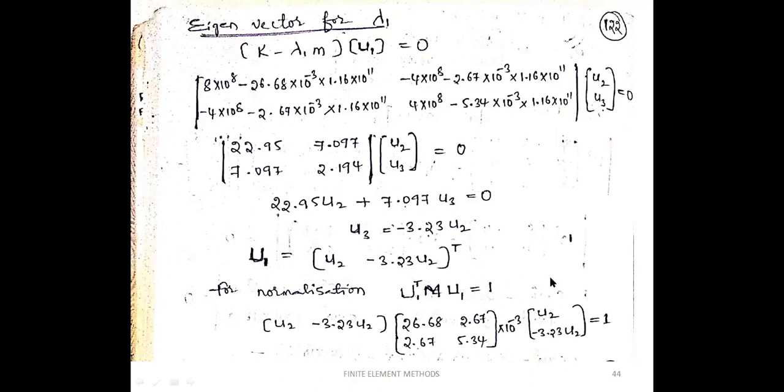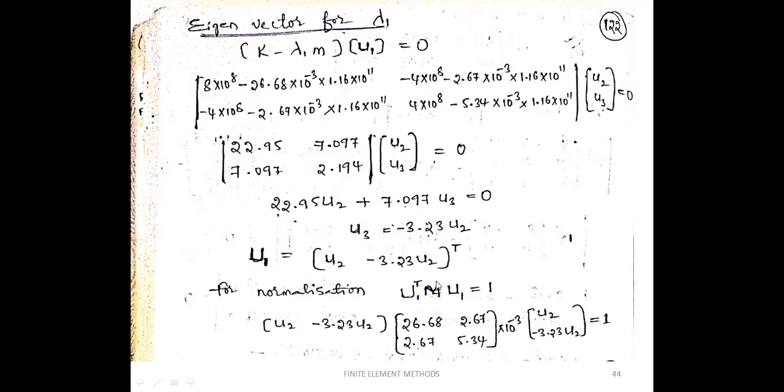From this it is possible to find out the value of u2, or you can directly find out u2 and u3 from this one, or otherwise you can use the normalization process. u transpose into m into u must be equal to 1. So u transpose is u2, minus 3.23 u2, and u is the column, into the m matrix, that is 26.68, 2.67, 2.67, 5.34 into 10 power minus 3, into the u column matrix u2, minus 3.23 into u2, that must be equal to 1.